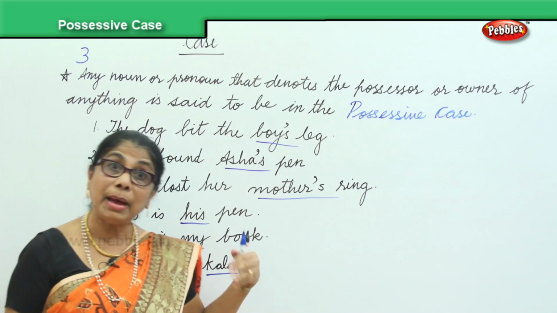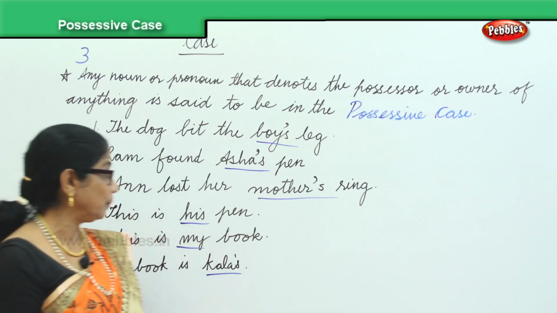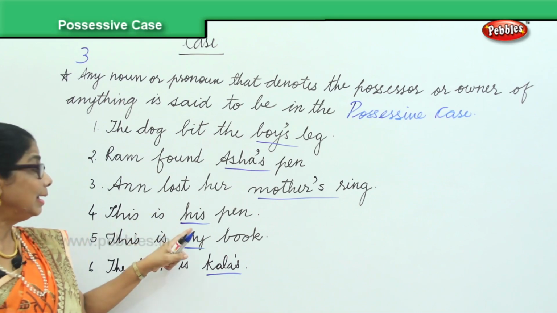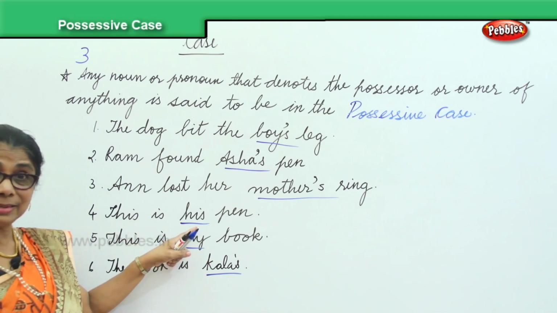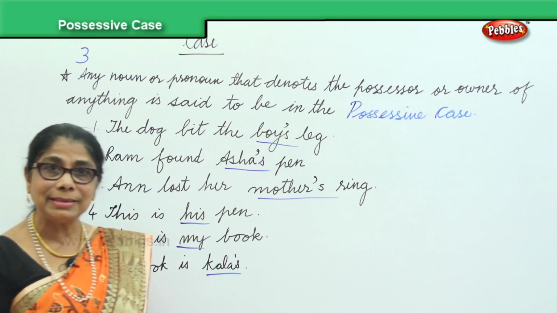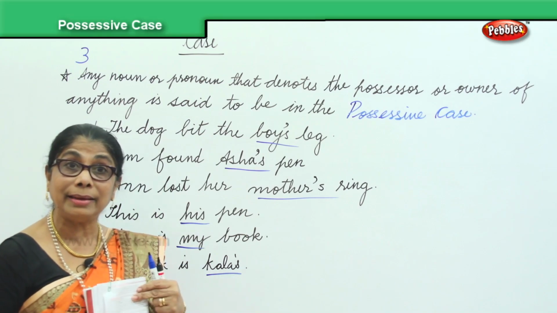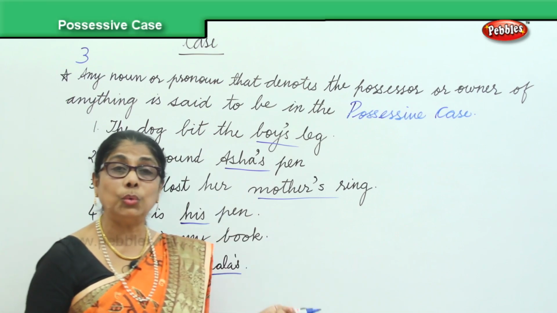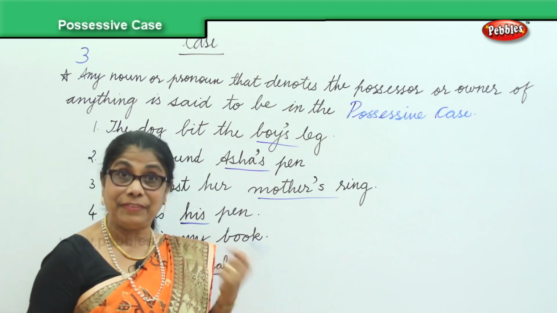Anne lost mother's. It belongs to mother. Then whose pen is this? His pen. He is the owner. Whose book is this? Mine. This book is mine. And whose book is this? Kala's. The one who owns. The possessive case is very, very easy.